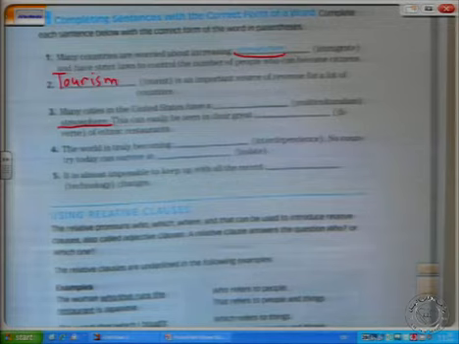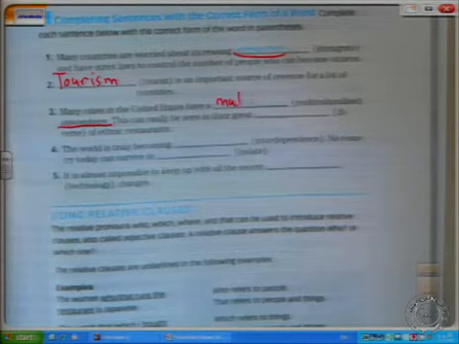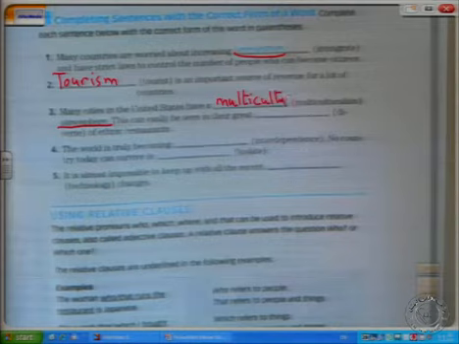Multicultural means having many different cultures, a society which has many different cultures in it. So here the word that we can use is multicultural. It is an adjective that modifies the noun atmosphere.